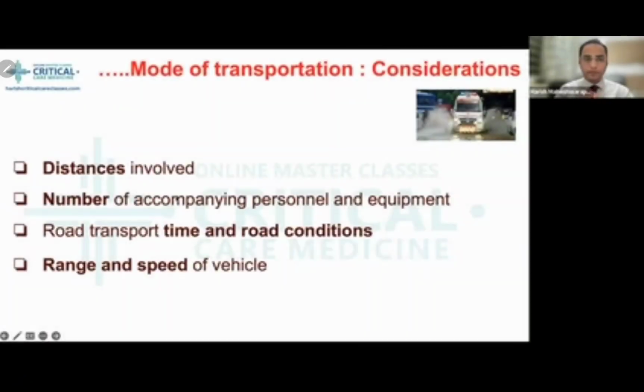So distance involved, number of accompanying personnel and equipment involved, road transport time and road condition. All these things we need to consider, along with the range and speed of vehicles involved in the transfer, when it comes to choosing a mode of transportation.